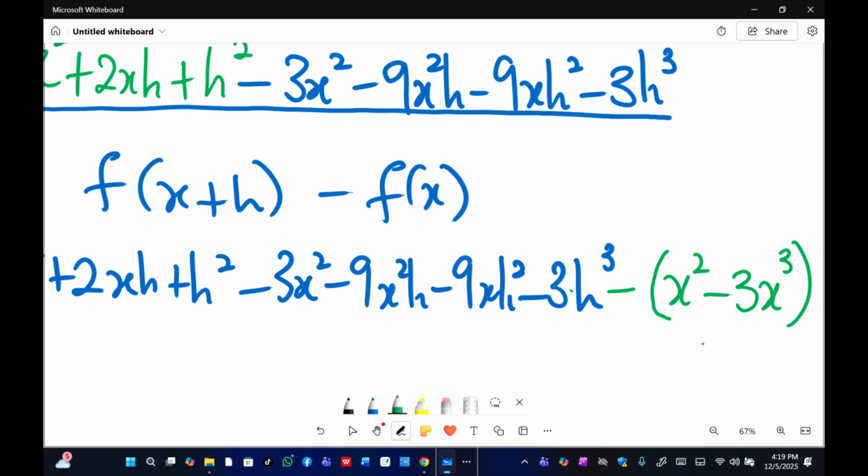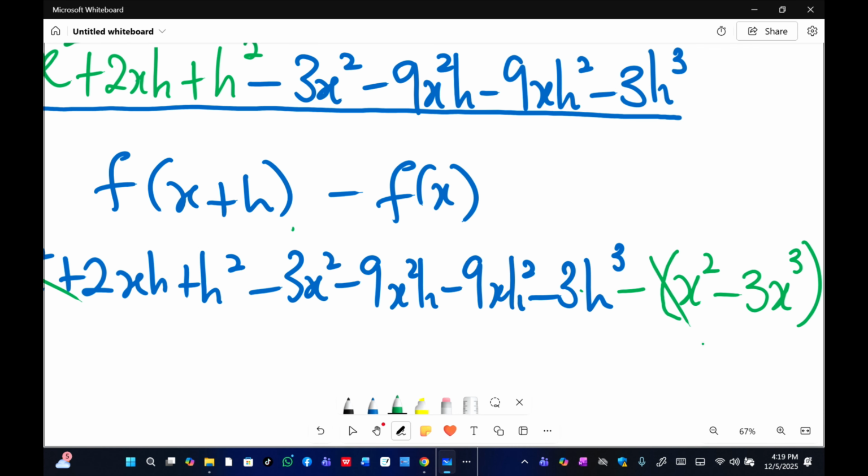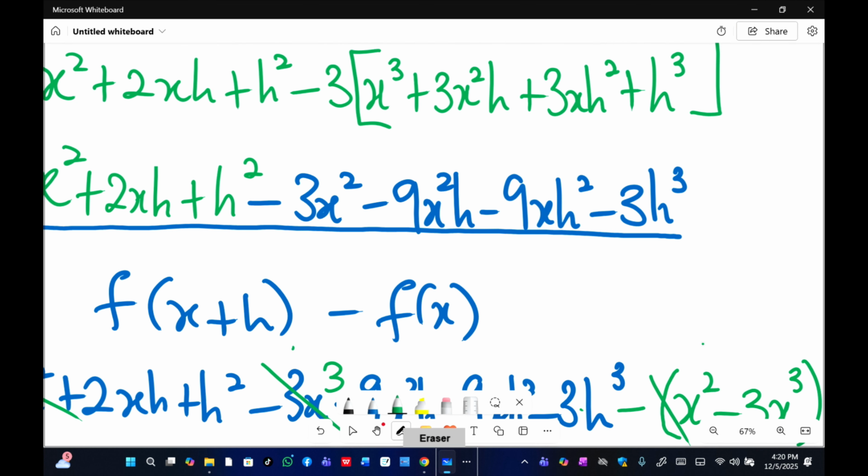So we could start this, we'll cancel this, and this you can see. So we have negative 3x squared minus negative 3x squared. No, I think here is cube rather. Here is cube, is 3 cube. So here we have negative 3x cube minus, so let me change it over here too. I think there's a mistake here.